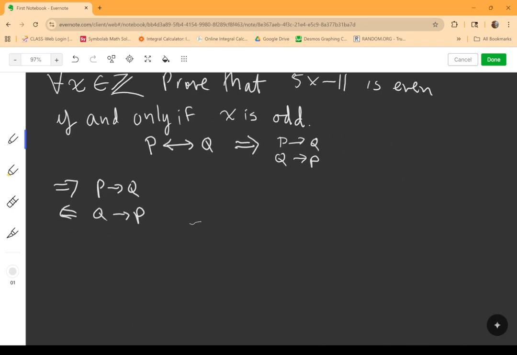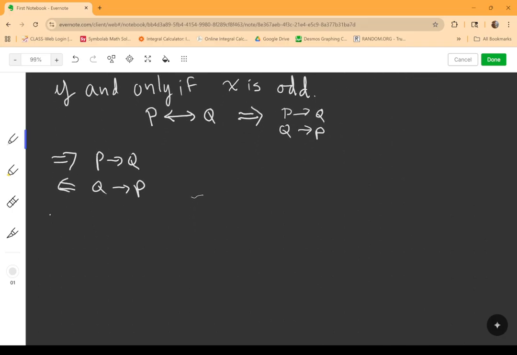Here our statement P is 5x minus 11 is even, and Q is x is odd.